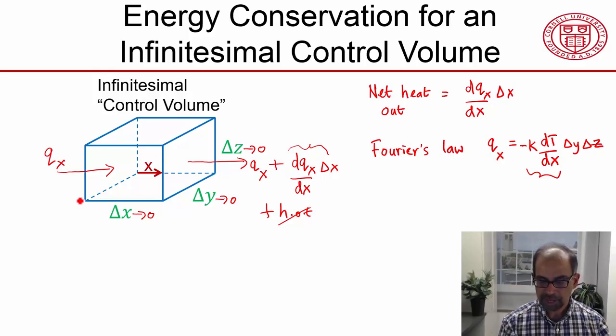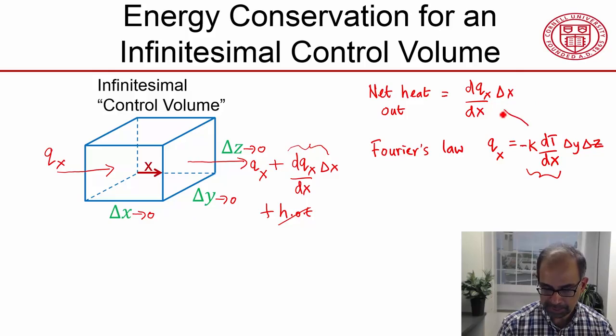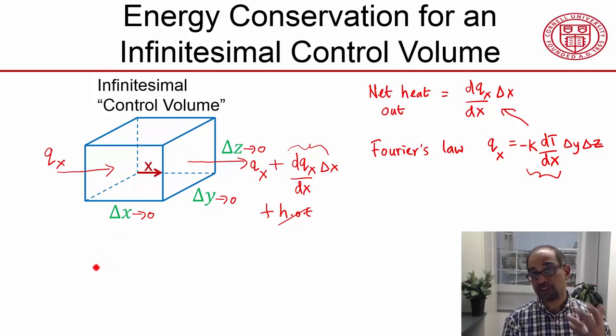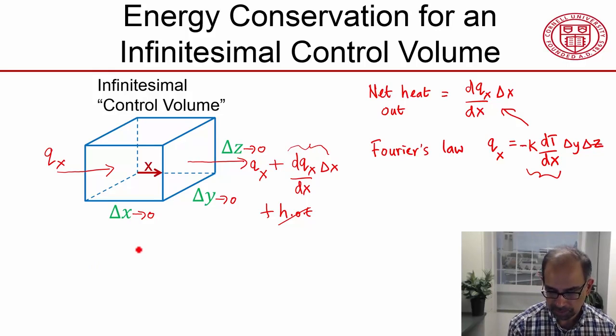So now if I substitute that back in here, I'll get the net heat flow out in terms of the temperature. One thing to note is that when I substitute it back, I have to differentiate this, so I'm going to get a second derivative of the temperature. Let me do that. The purpose is not to derive this rigorously, but to do it intuitively so that you get a sense of what the physical significance of each term in the equation means.